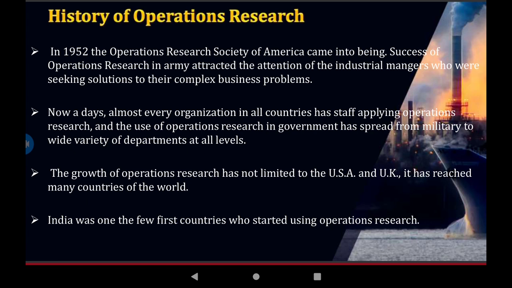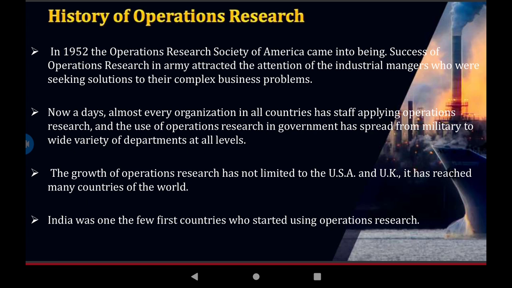The growth of operations research has not been limited to the USA, United States of America, and the UK, United Kingdom. It has reached many countries of the world.